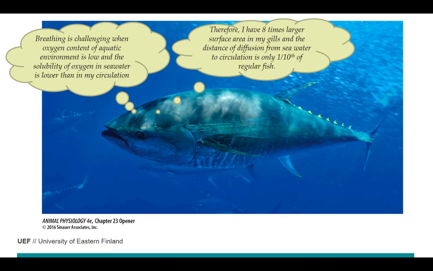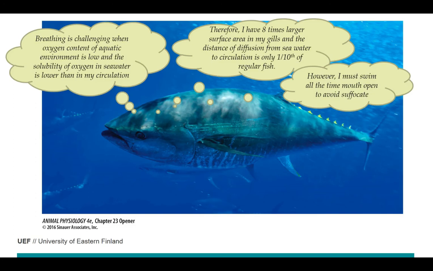And still, this animal must swim all the time to have perfusion of the gills by water, because it swims with its mouth open all the time to get enough oxygen for its muscles and other activities. Otherwise, if it's not swimming all the time, it will just die.